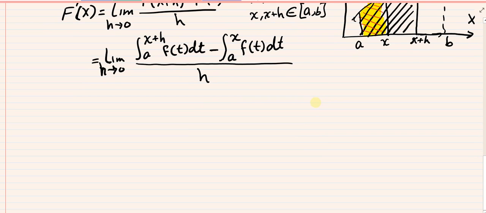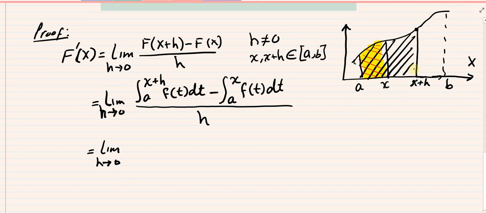Okay, and the next step, I'm going to write this as the limit as h goes to 0, looking at that shaded region again. First I hatch this region from a to x plus h, then we take out the highlighted region, so what we have left is the integral from x to x plus h, right? So we can derive that this way also.